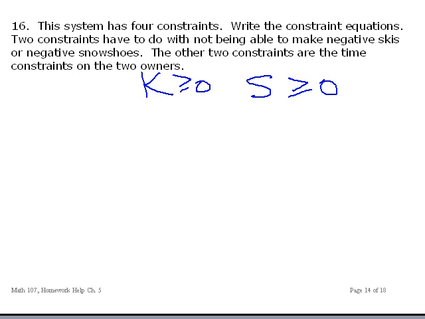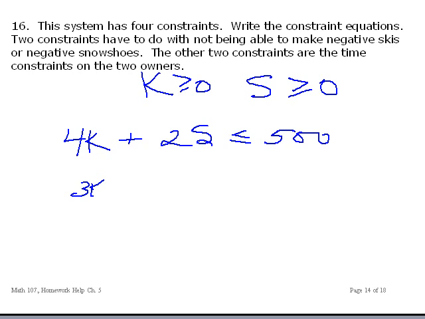The other one is on the time that Jack has. He spends 4 hours on every set of skis made. He spends 2 hours on every set of snowshoes, and he better not exceed the 500 available. So that's the first inequality. The second one, 3k plus 6s better be less than or equal to 600.